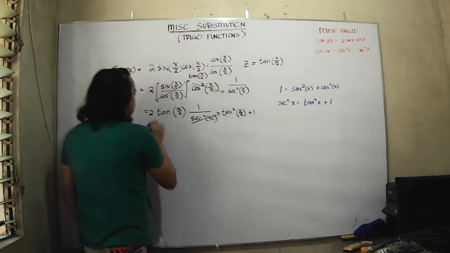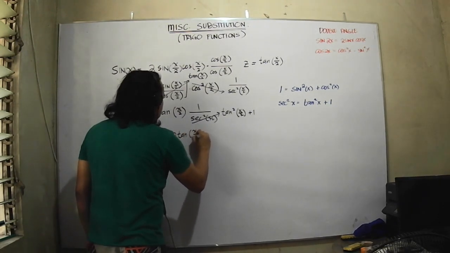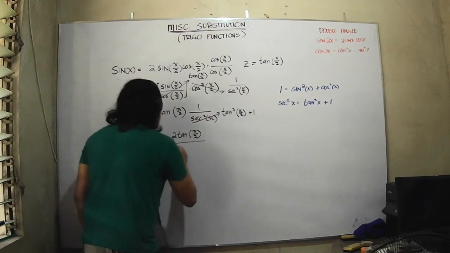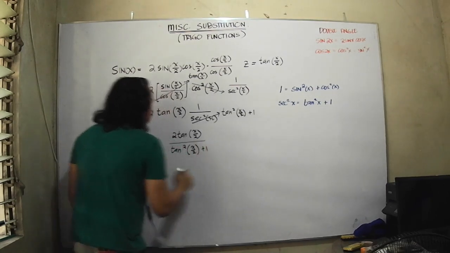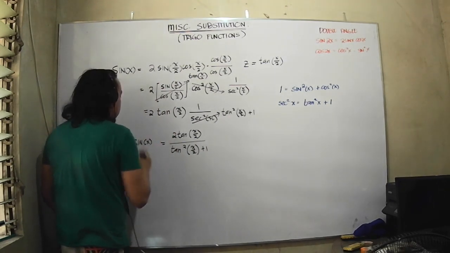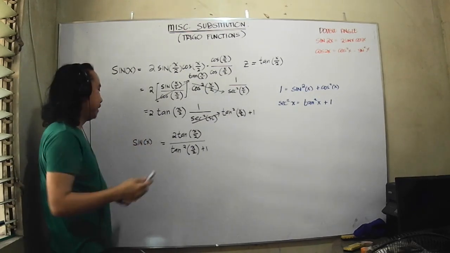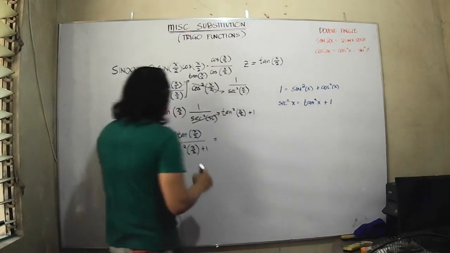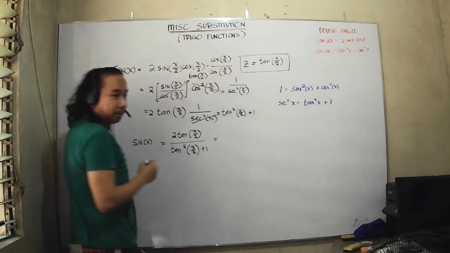So I'll rearrange this. I will have tangent x over 2 divided by tangent squared x over 2 plus 1, and I equate this with sine x. Sorry, I was excited. This is the format we want, in terms of z.